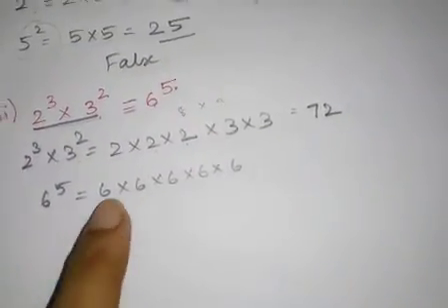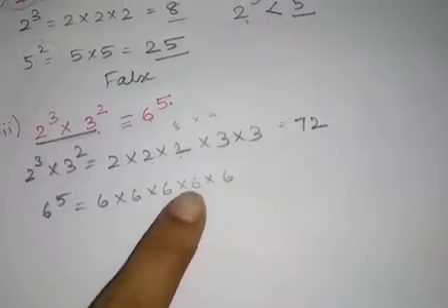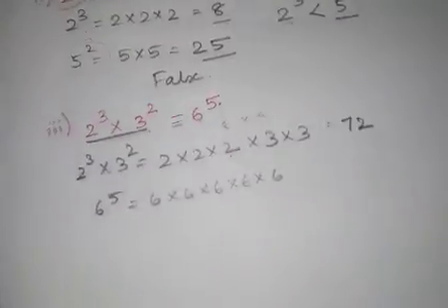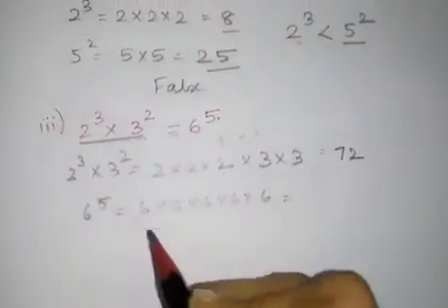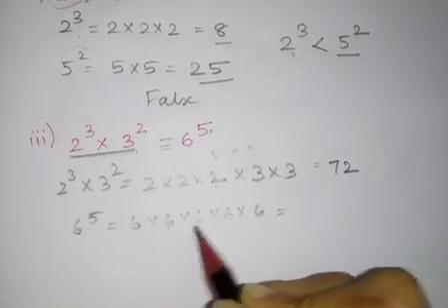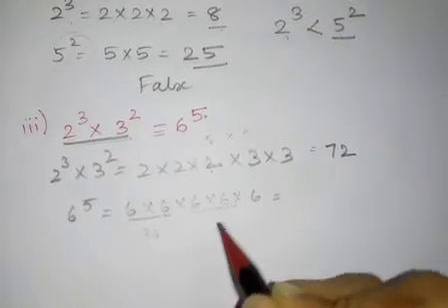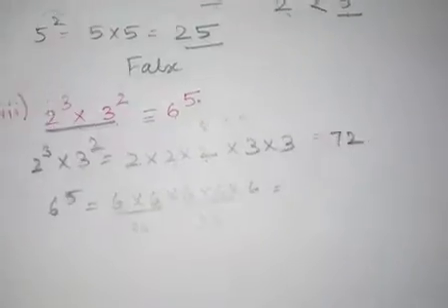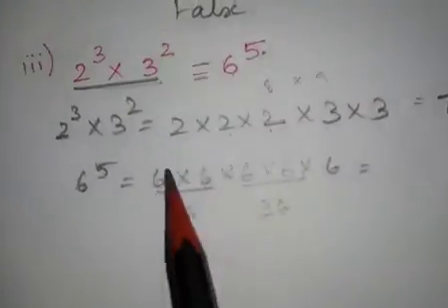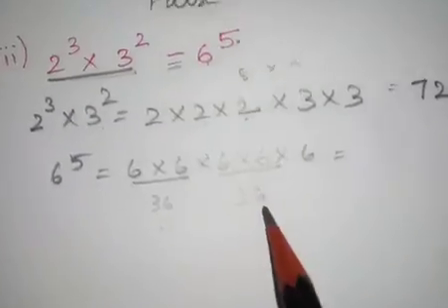6 power 5 means 6 into 6 into 6 into 6 into 6. So now what you are doing is 6 6s are 36. Okay, listen. 6 6s are 36, 6 6s are 36.